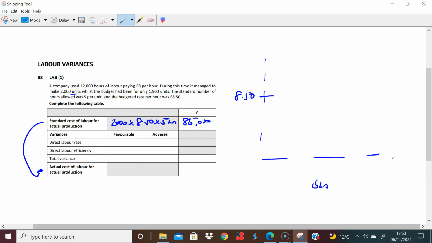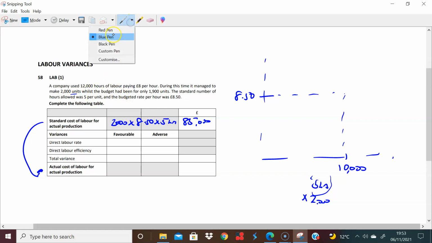So now I can play around with this and see where I'm going here. You made 2,000 units. So at 5 hours, so 5 times 2,000, I'm expecting you to therefore spend 10,000 hours to make these 2,000 units. I'll just change my pen color, but the question tells me that you actually used 12,000 hours.